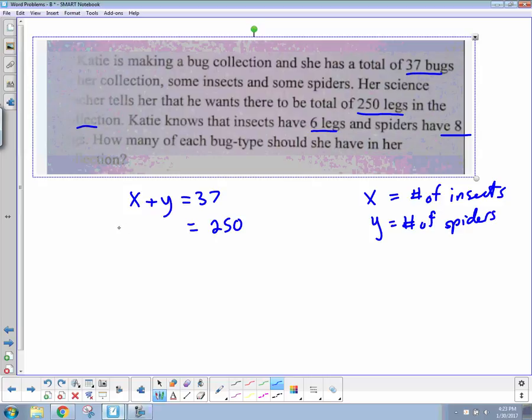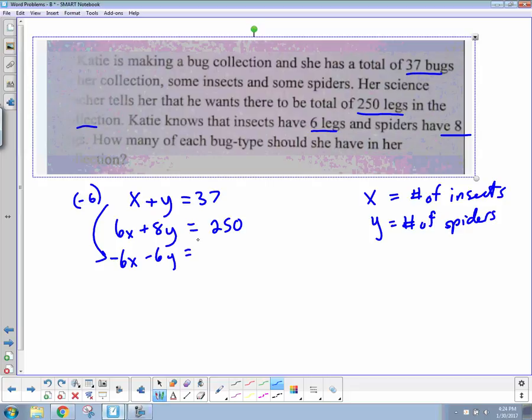Again, I think I'm going to pick the smaller one, which is the X. So multiply everything by -6 on the top. And again, I think I'm just going to move it right underneath it. 37 times -6 is -222.